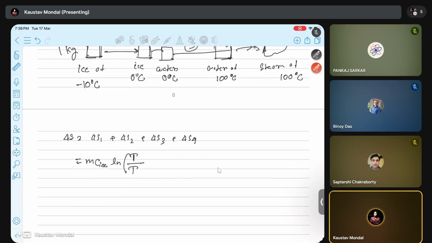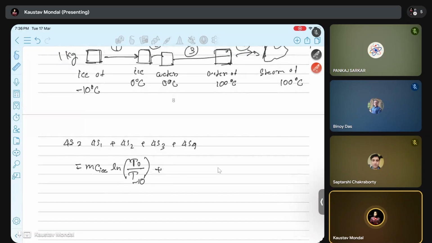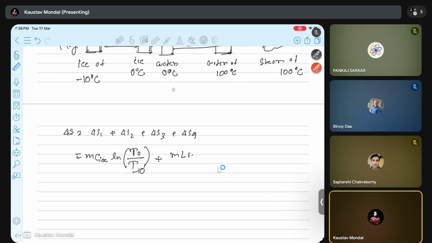So T minus 10 to T0, right? The next process is the phase transition process. So m L ice by T 0 degree centigrade, that is delta S2, due to the phase transition.